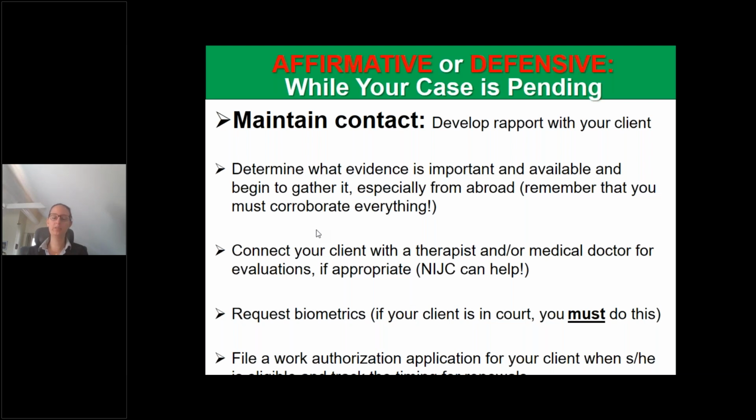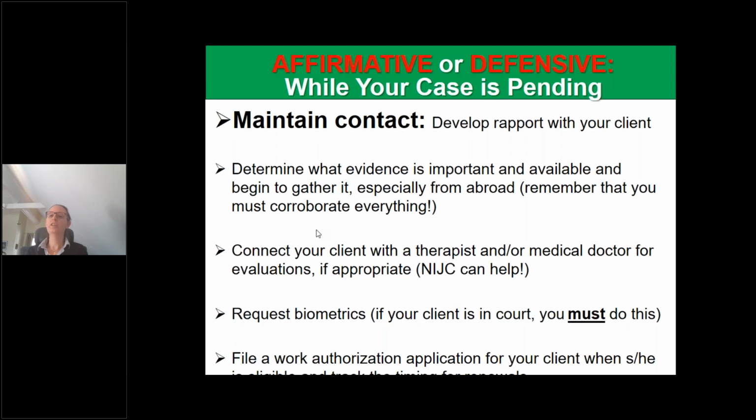To give you an example, there was one asylum applicant who wanted to get a declaration from his grandmother, who had witnessed several of the important events that led to him seeking asylum. His attorneys began the process of interviewing her to get a declaration, but before they could finish, she passed away from a heart attack.